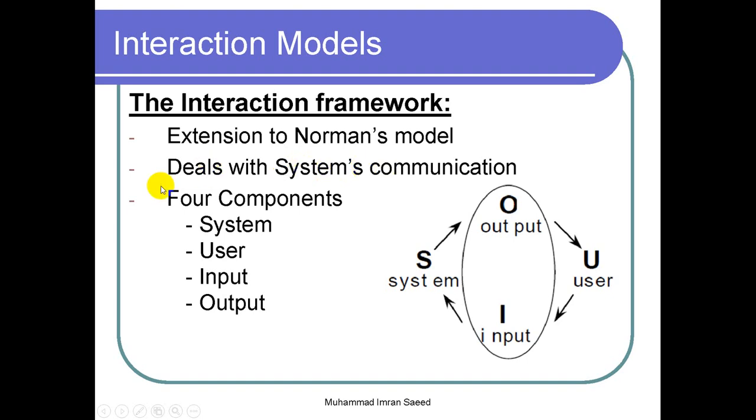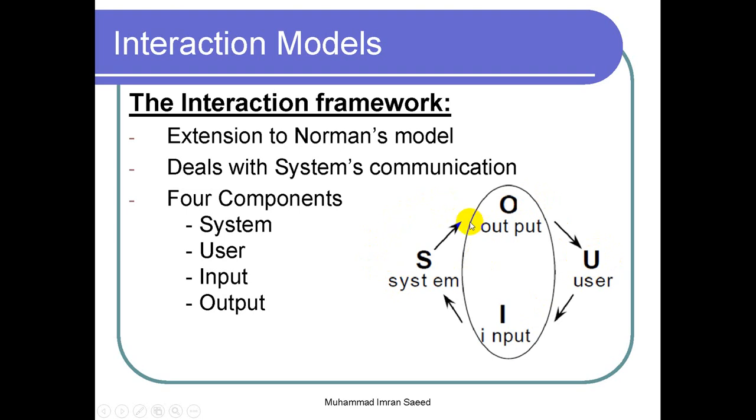So now we can say that in this interaction framework or extended model, 4 components are there: system, user, input and output. In the Norman model, we were just looking at the user, how he thinks, how he feels, how he executes, how he observes and how he evaluates. But now here is a system.